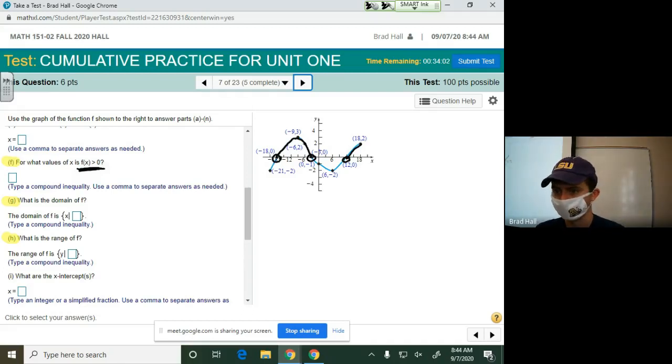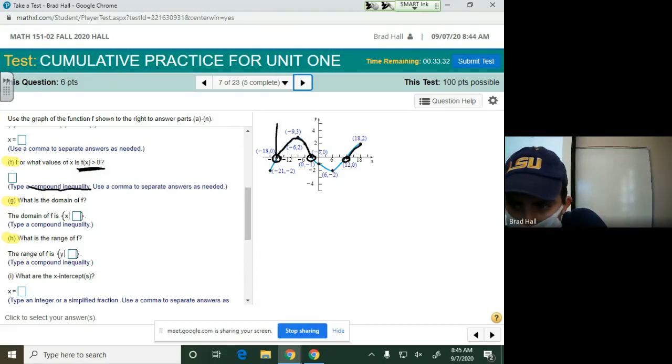So naturally, we have two different segments. There's that hill shape on the far right, and then there's that kind of sliver on the far left. For each one of those intervals, we are going to use the x values to represent them, and we'll put in a compound inequality.